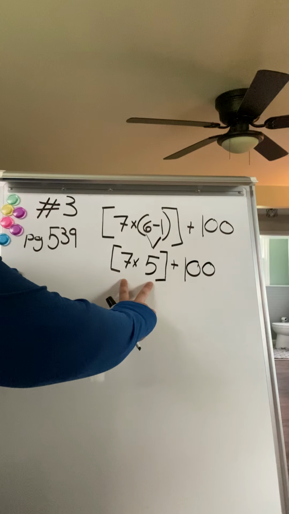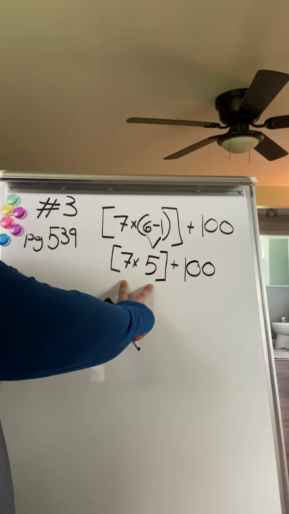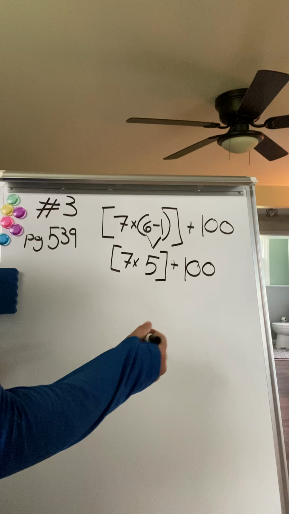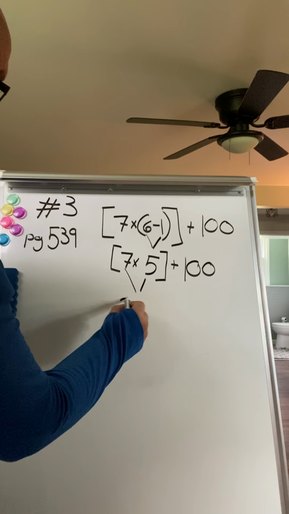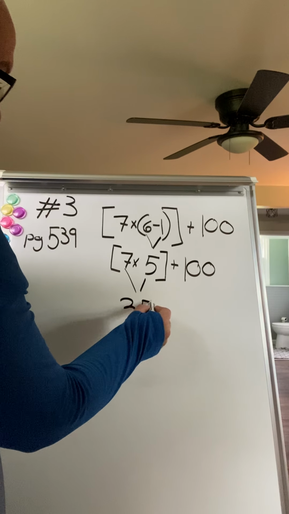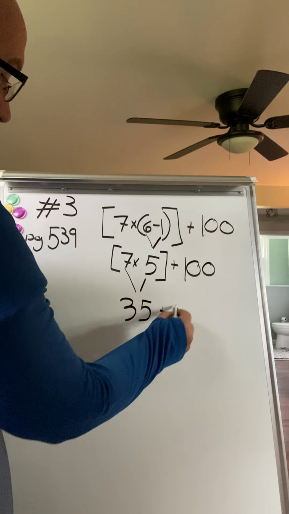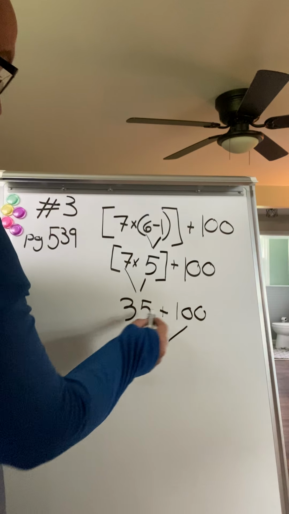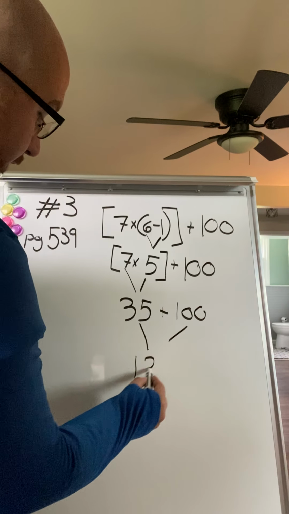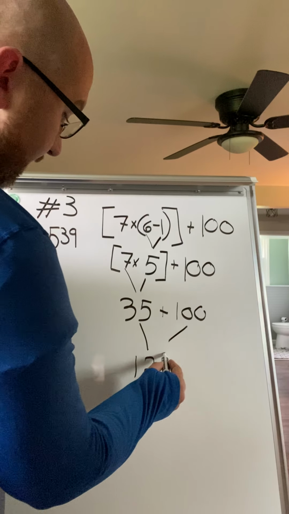So this is still under my parentheses. Remember, brackets, parentheses, braces are all step 1. So we do 7 times 5, which gives us 35. Bring down my plus 100. And we solve the 35 plus 100, and we get 135.